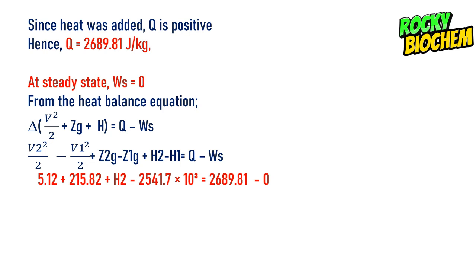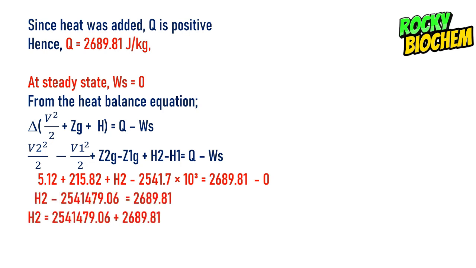We are now looking for the final enthalpy, H2 minus our initial enthalpy, which was 2541.7 times 10 to the power 3, and all this should be equal to Q, that is 2689.81, minus 0, because shaft work is given to be 0. When you complete this, you are going to get your H2 to be equal to 2544.2 kilojoule per kilogram.